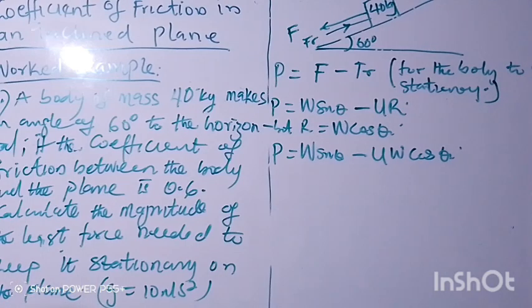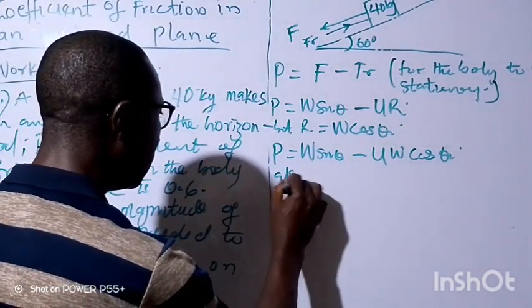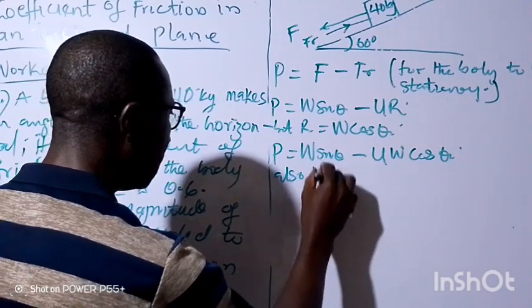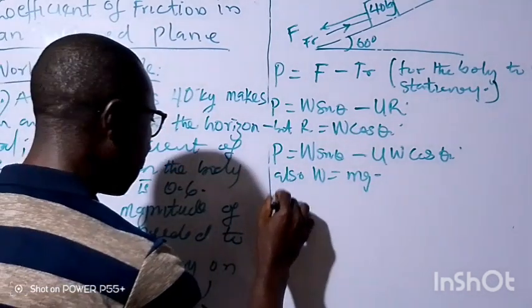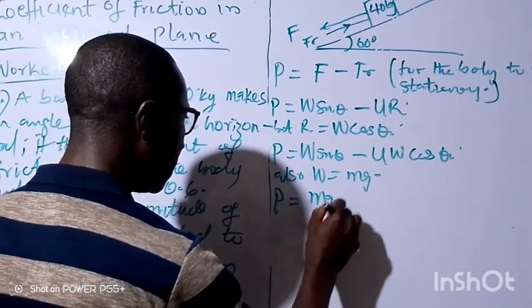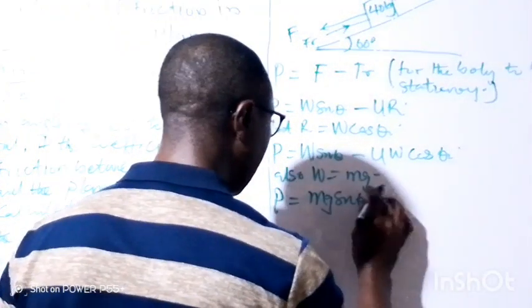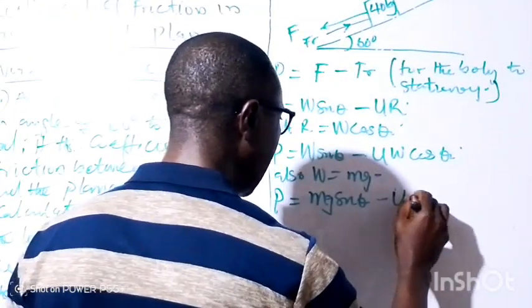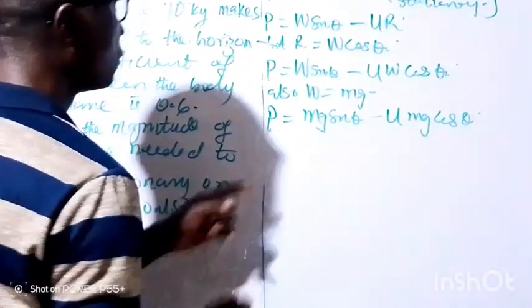So if that is the case, you can also see our W is equal to mg. So we can now see P will be equal to mg sin theta minus mu mg cos theta. So this one, the mass of the body is 40.